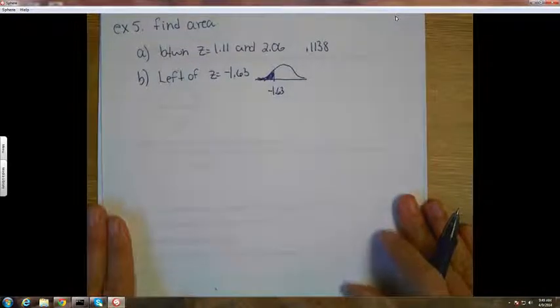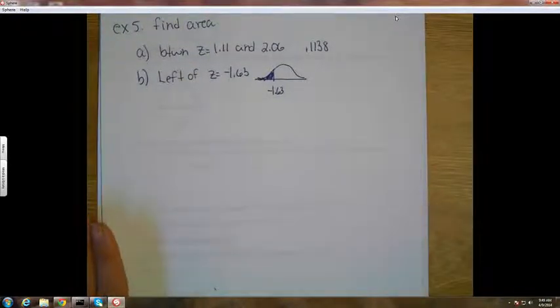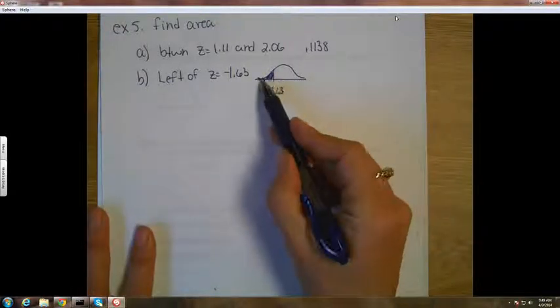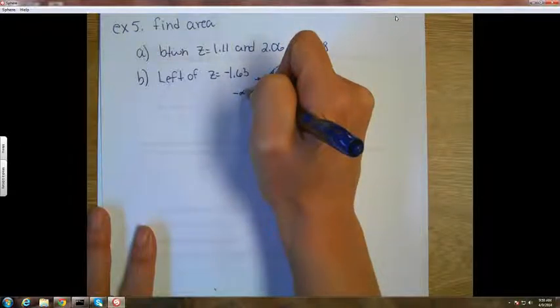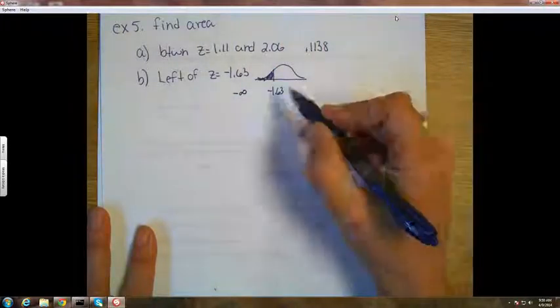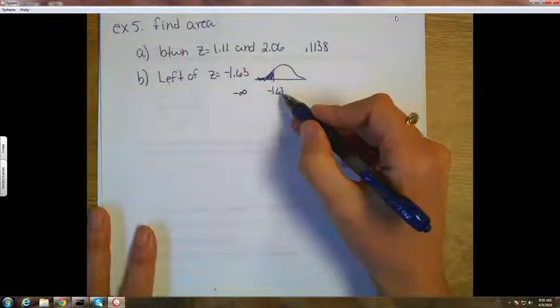Okay, because I just told you, you have to feed this NCDF two z-scores, a left edge and a right edge. Well, how far to the left does my shaded region go? Negative infinity. How do you get an infinity? Exactly. And then our right edge is stopping at negative 1.63.